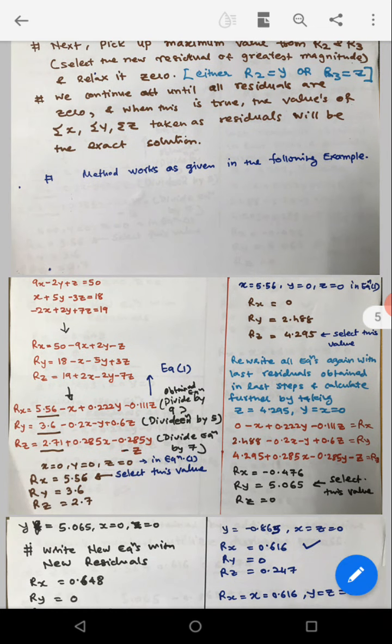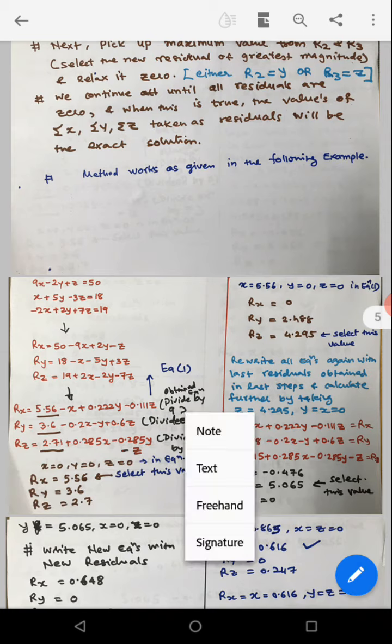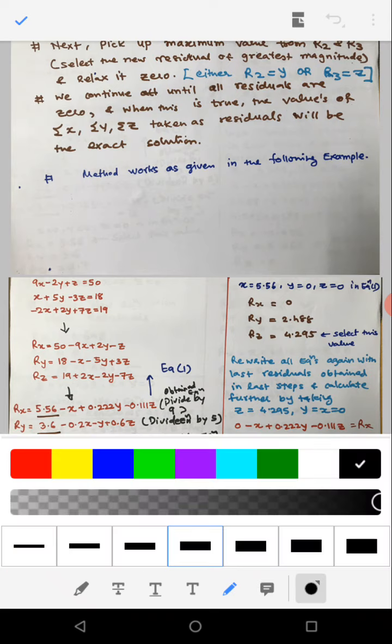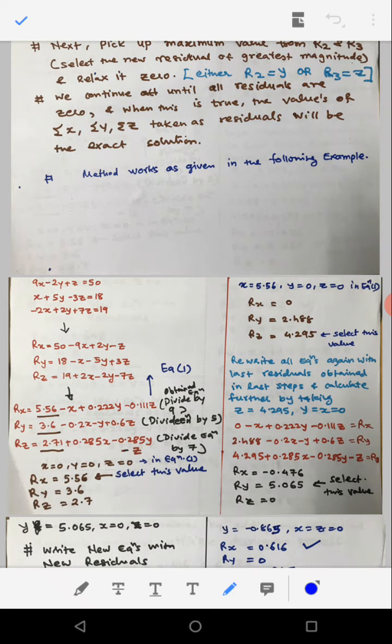Up to here it is being done. We have obtained this third equation, where you get this equation we have obtained.